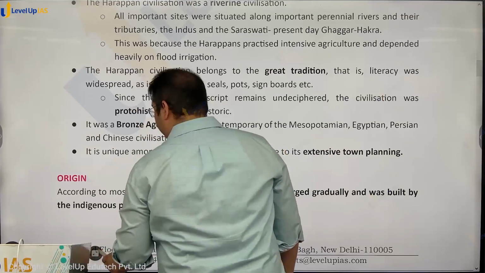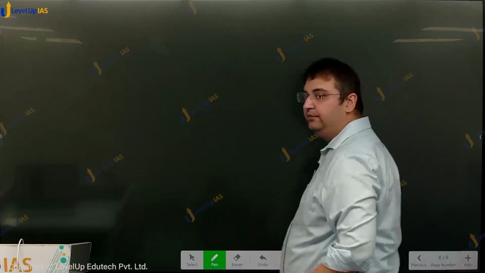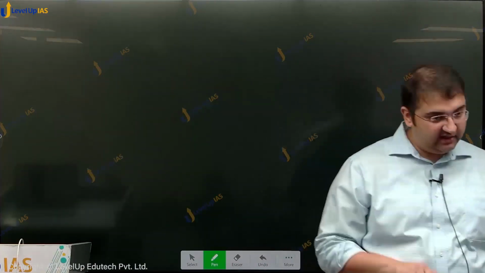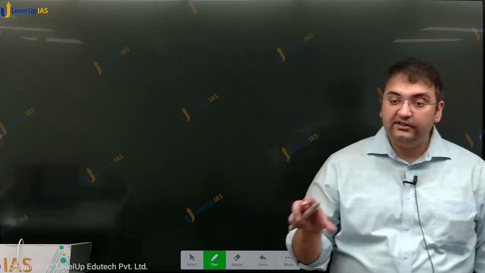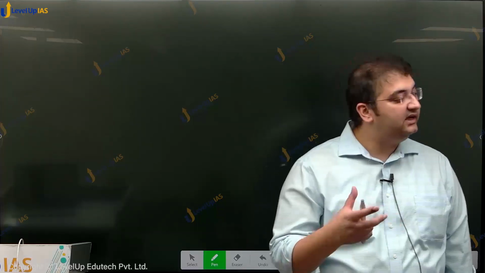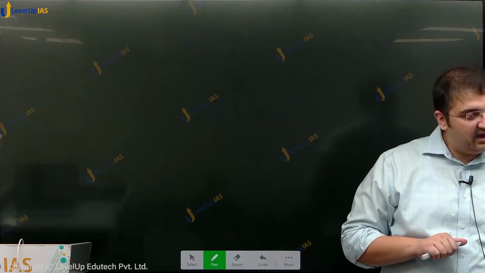Now, the problem with studying the Harappan civilization, what is the biggest problem? What is the biggest hurdle? That the script remains undeciphered, and as a result there remain a number of uncertainties. Okay? As a result of which different historians have given their own interpretations with respect to different important questions regarding the Harappan civilization.